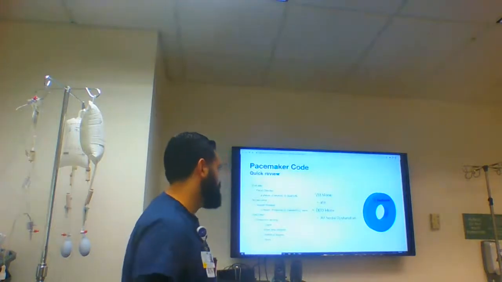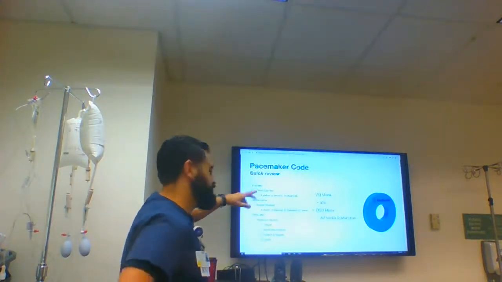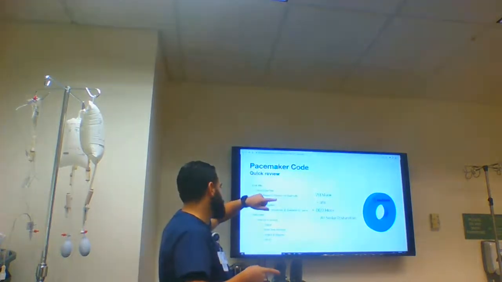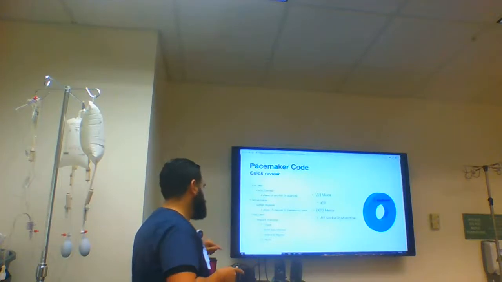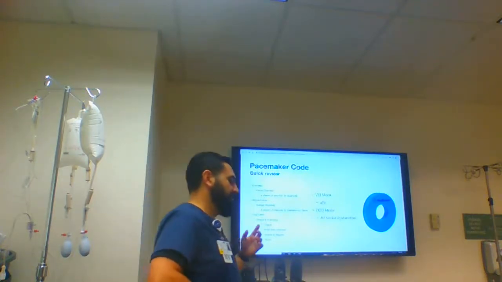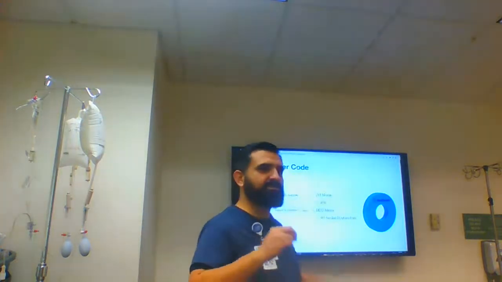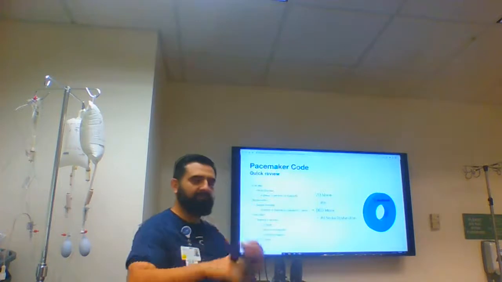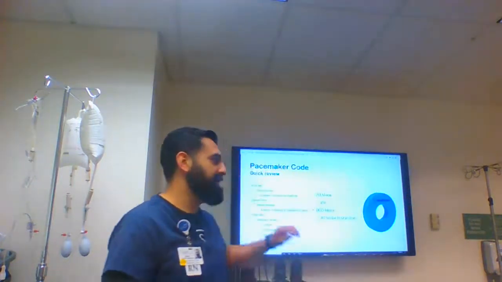And then if we have DDD mode, the way that works is you'll sense both chambers. We'll pace both chambers. We'll also sense both chambers, and then based on that response. So let's say this one is used for AV nodal dysfunction, so third-degree block, where the beats are divorced.